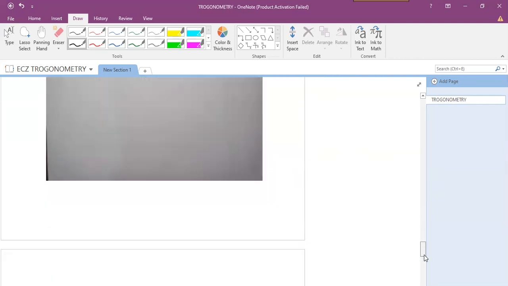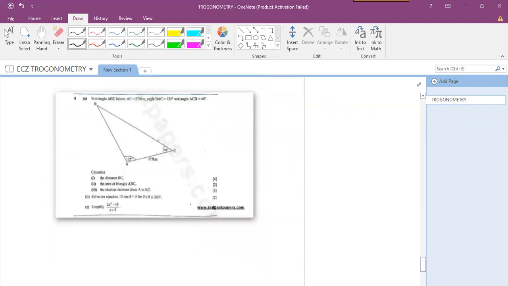For example, this 2019 paper has two angles, 40 degrees and 125 degrees. Something has to tell you that in order for me to find the distance BC, I have to use the sine rule and not the cosine rule.